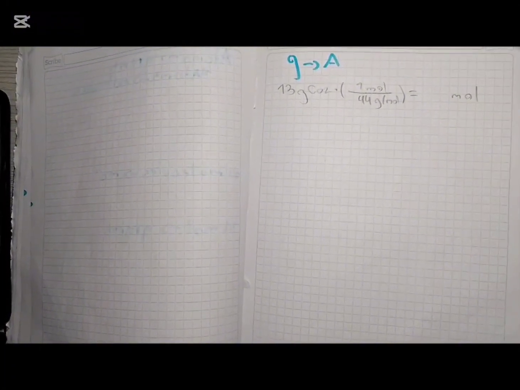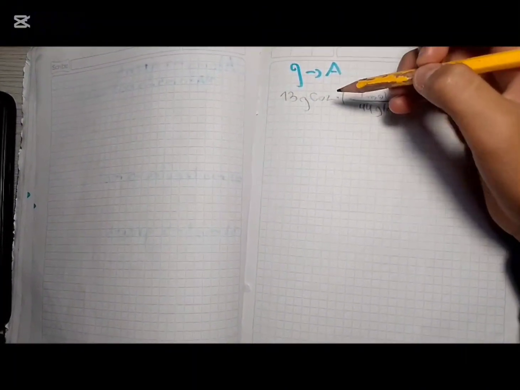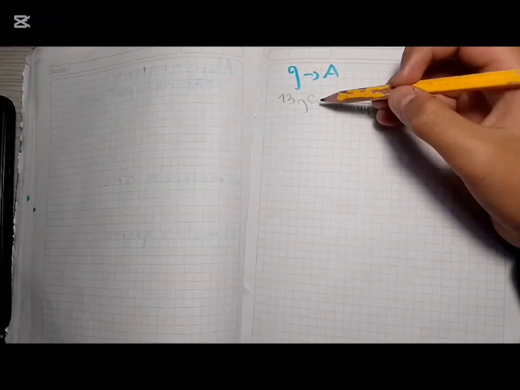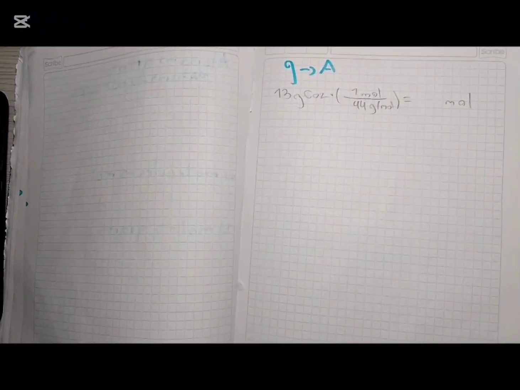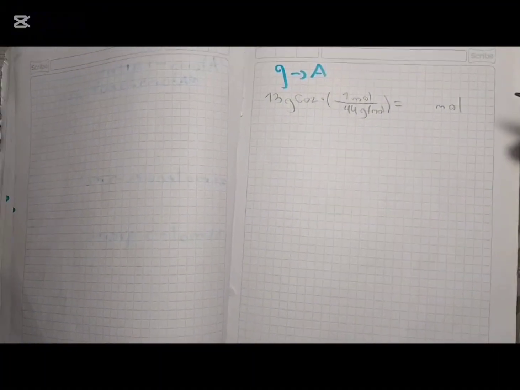I make another exercise. I have 30 grams of CO2, but I need those grams in atoms, okay? First, I'm going to convert to moles.